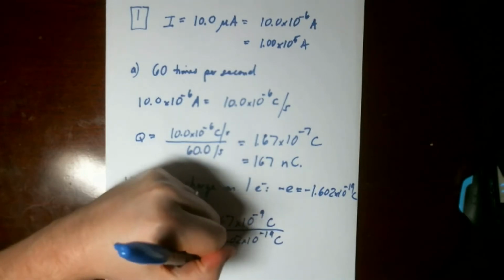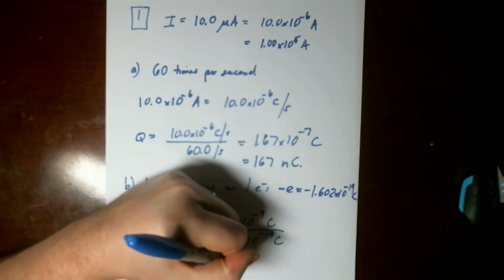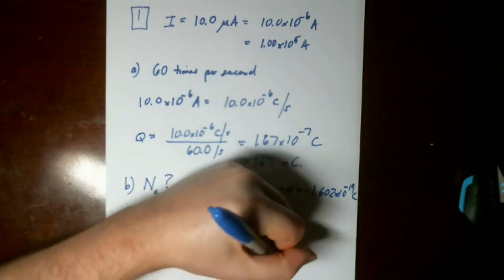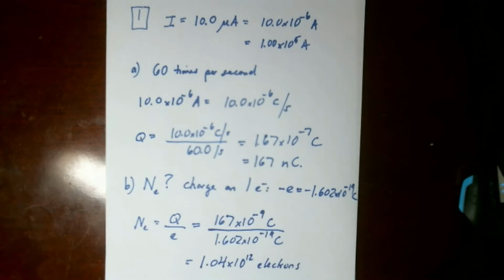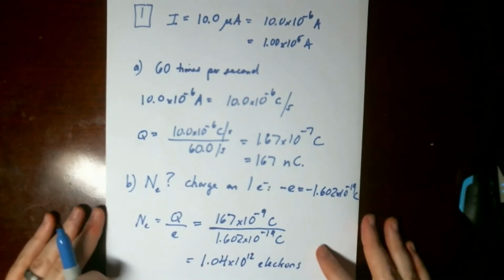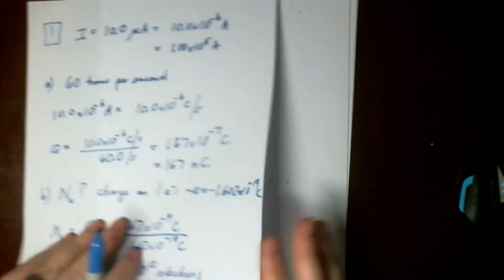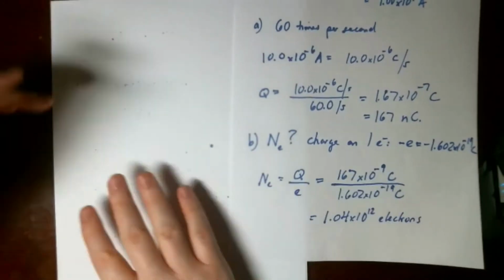It's about 1.04 times 10 to the 12 electrons. Or in other words, about 1 trillion electrons in every scan. That's a large number. And finally, for part C, I'm going to move this over and start a new page.